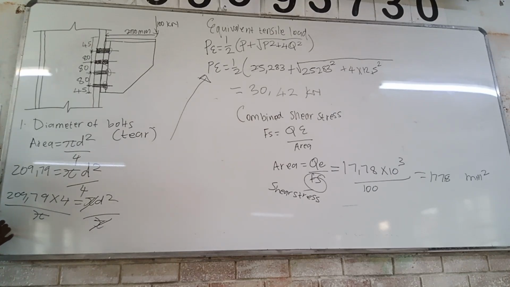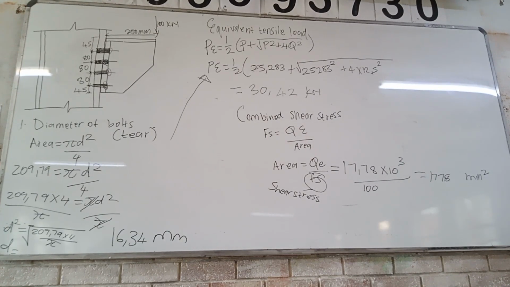So d squared is equal to 209.79 times 4 divided by pi, and then we take the square root. What do we get? We got 16.34 millimeters.